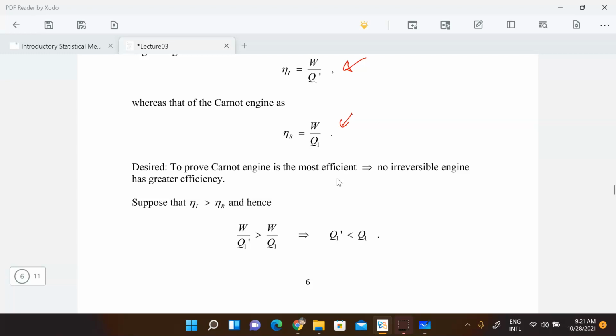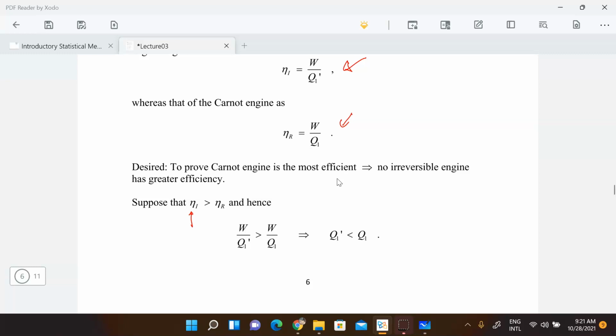So we first assume that the efficiency of your irreversible engine, eta I here, is greater than the Carnot efficiency of the Carnot engine, which is written as eta R. R means reversible. So what happens in that particular case?